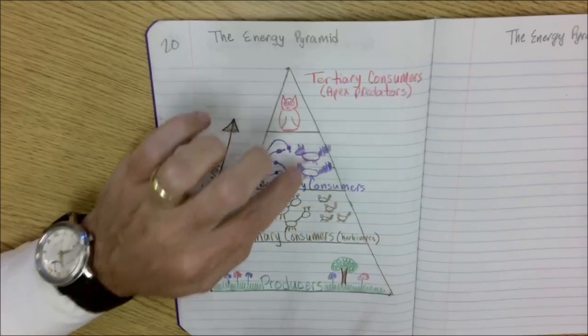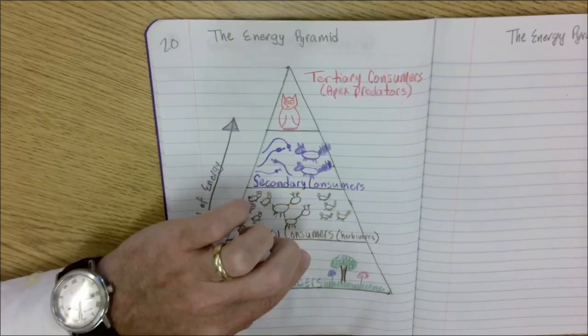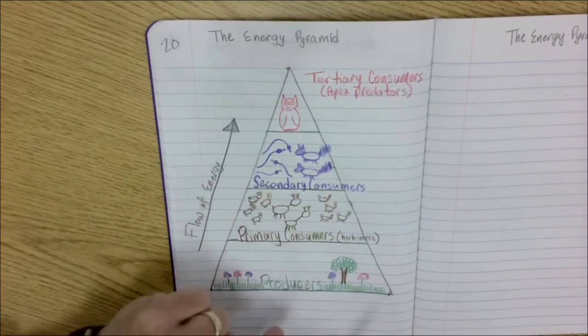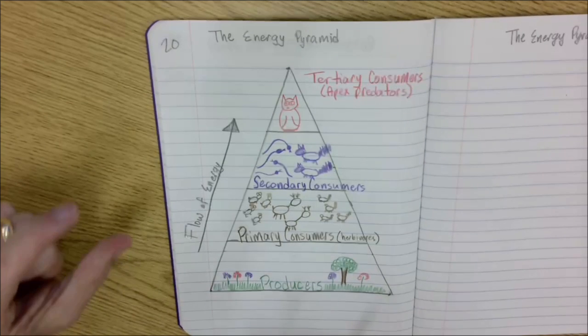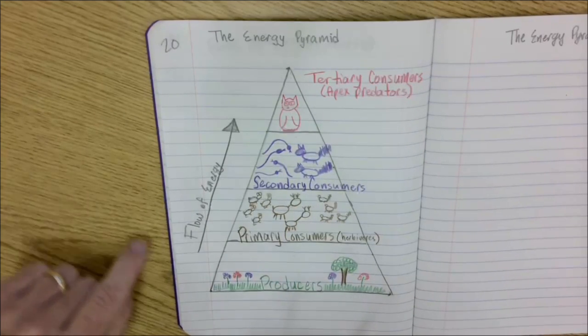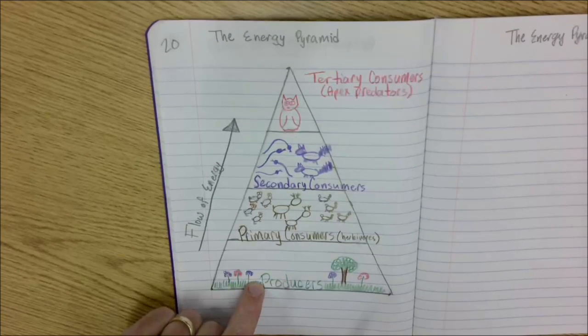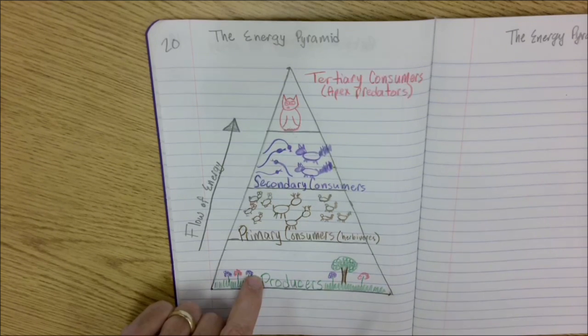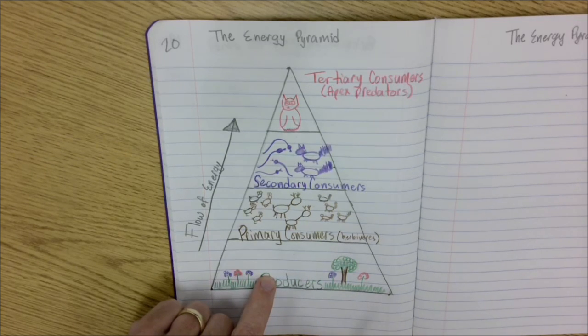All of the chemical energy these organisms are getting, that energy originally started as sunlight, as light energy. That light energy went into producers. Producers use the light for photosynthesis to create glucose, and then use that glucose as chemical energy to grow and to reproduce.